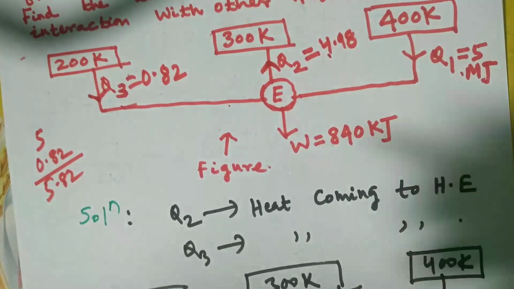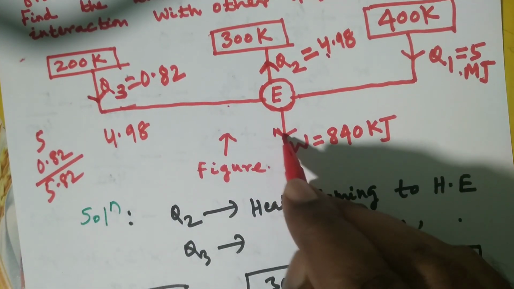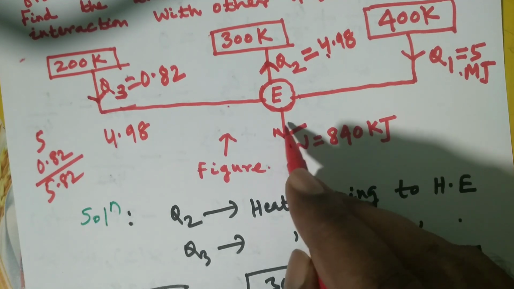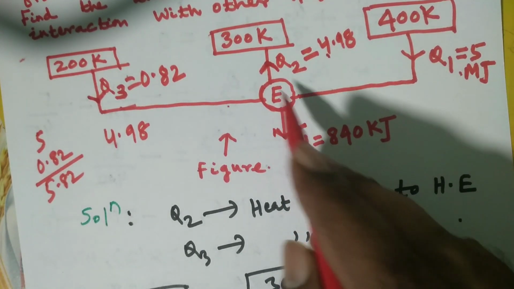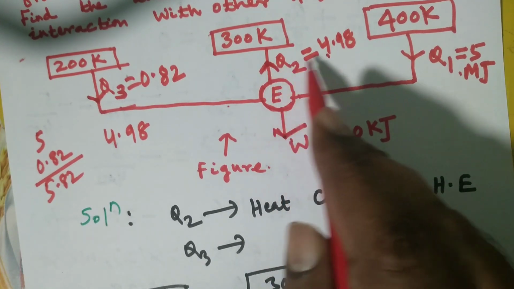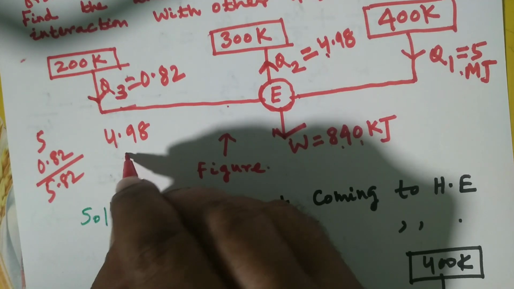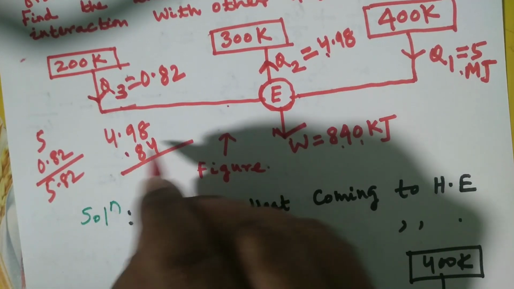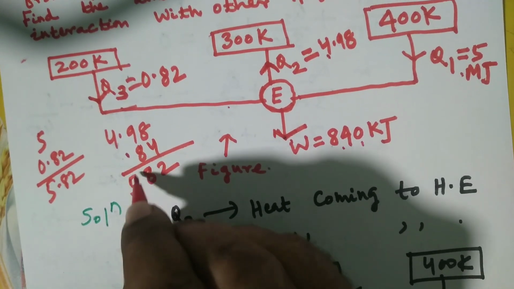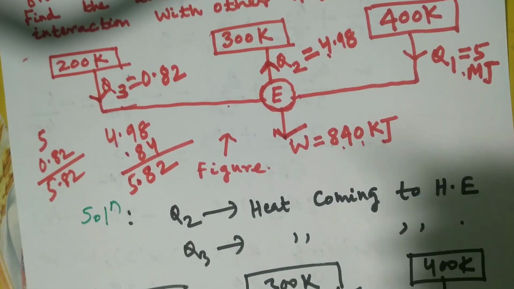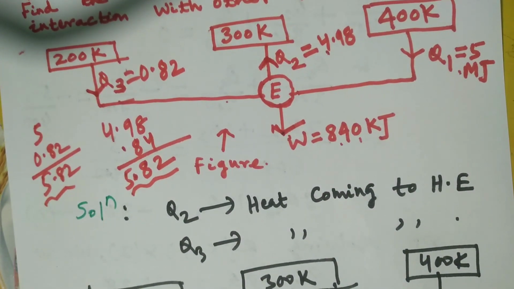Q2 is coming out to be 4.98, and another is work. Here also the arrow is away from the heat engine. That means this energy is leaving the heat engine during the cyclic process. So if you add 4.98 and this 0.84, this is also coming out to be 5.82. So this obeys the first law, this satisfies the first law of thermodynamics.